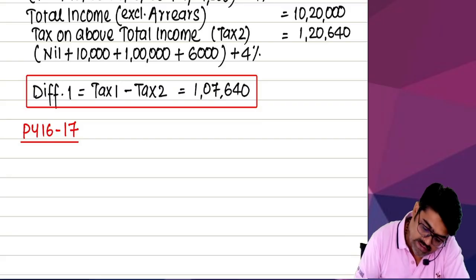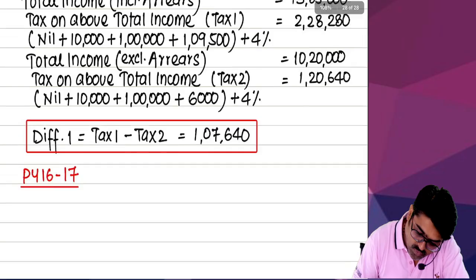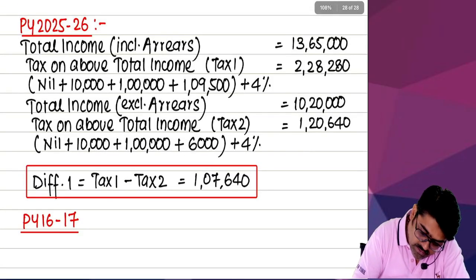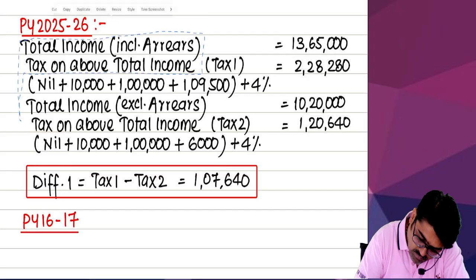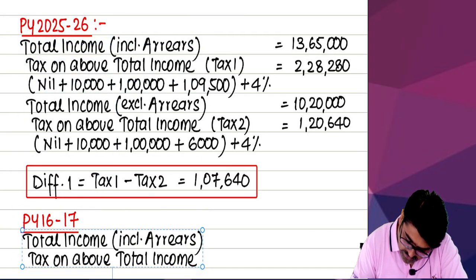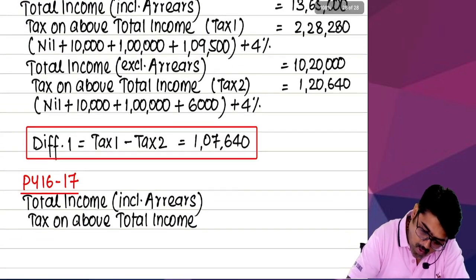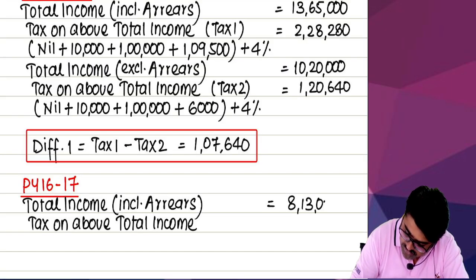So on that 8,13,000 I will calculate tax, yes or no? So I will take the total income including arrears. What was that amount? 8,13,000.